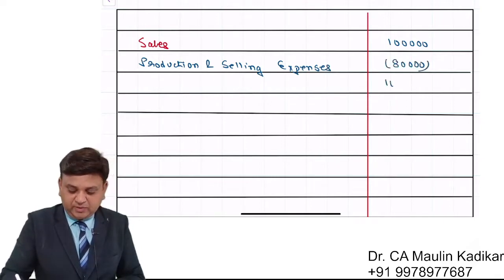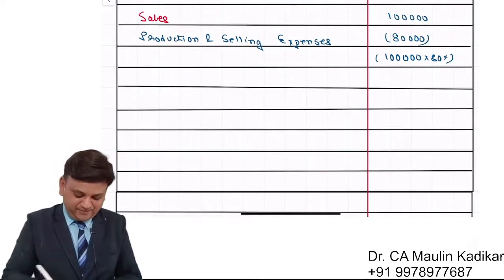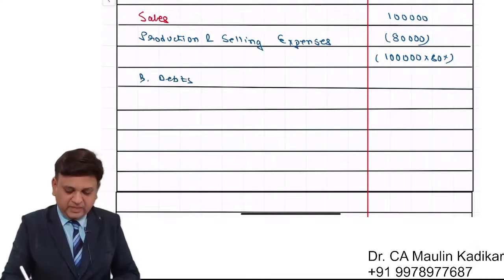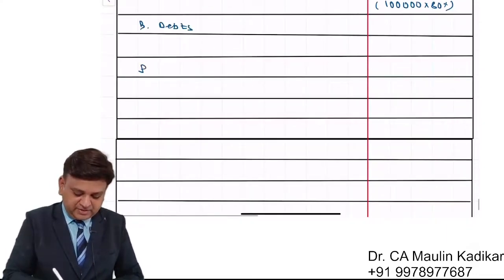It is 1 lakh into 80 percent. Minus bad debts. Do we know bad debts? No, that is the final answer. So I keep that blank. Then I'm writing profit before taxes.